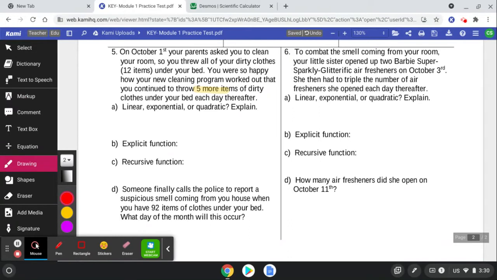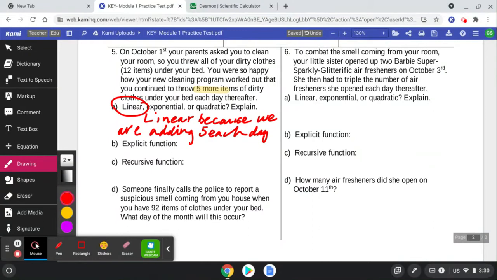So since we're doing 5 more each day, can you imagine that that one would be linear? And so you would say something like linear because we are adding 5 each day.